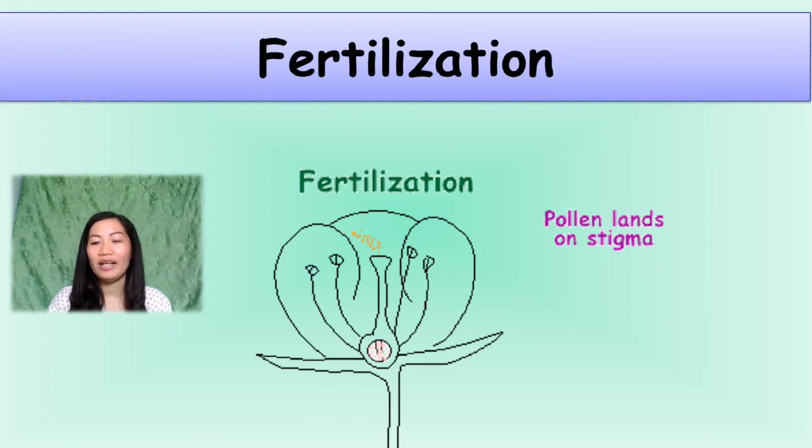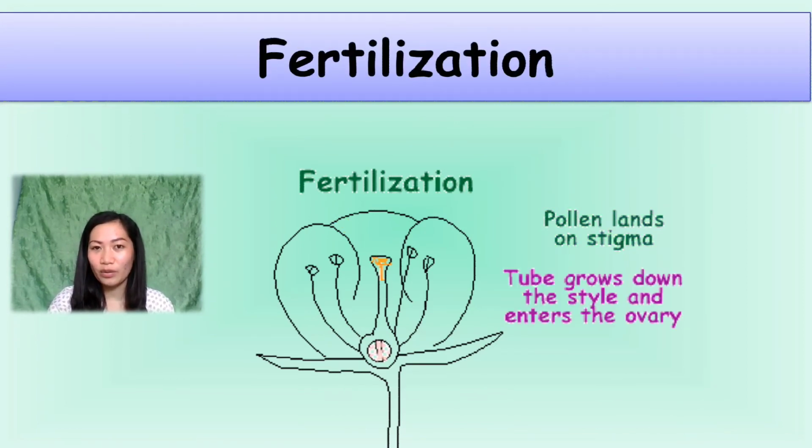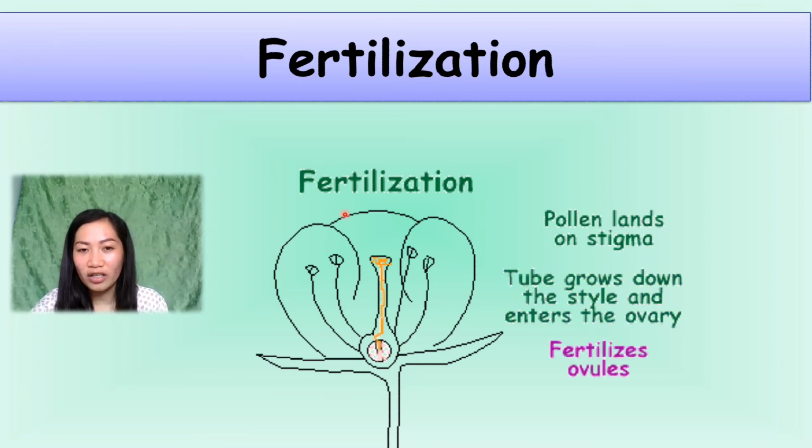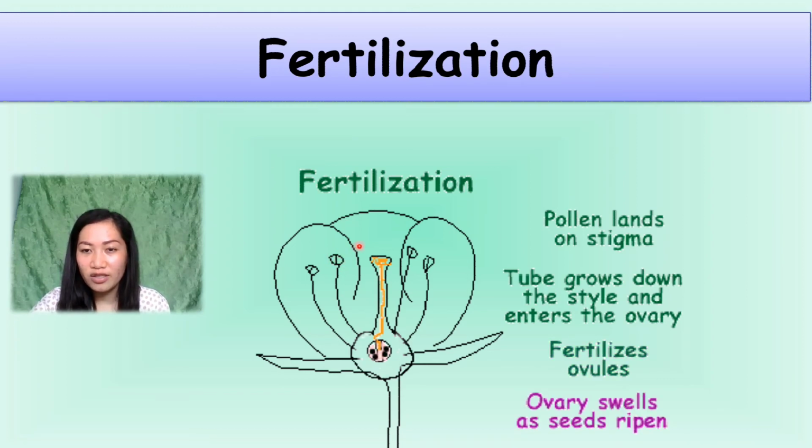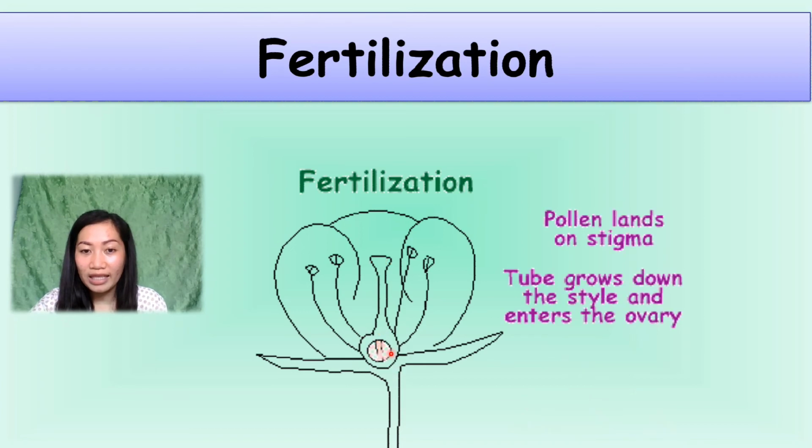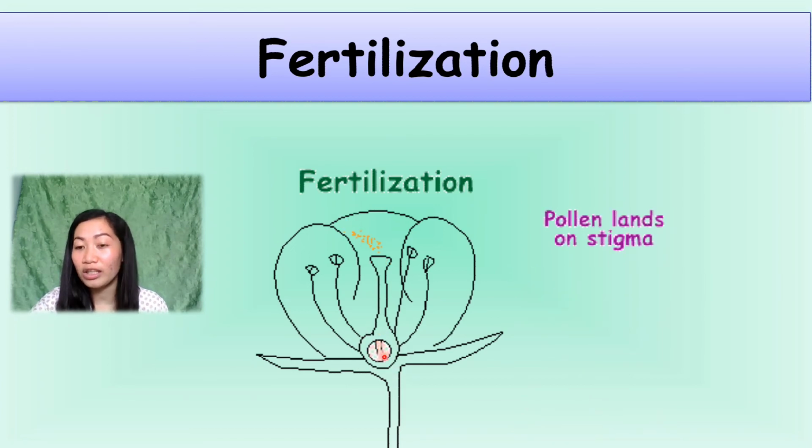Now let's go to the second step, which is the fertilization. When we say fertilization, again, pollen grain from the anther will land on the stigma, and this tube, which is the style, will go down and enter the ovary, and it will fertilize the egg.